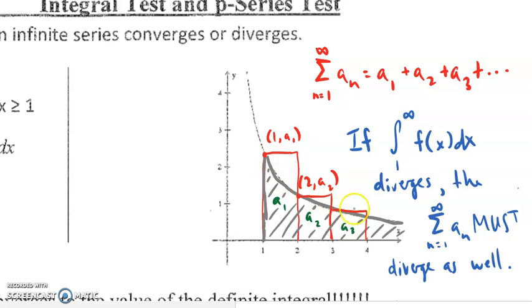So if we know that the smaller one converges, that does not mean that the bigger one has to converge. But we can get around that by doing an LRAM instead, and then realizing that some finite value plus one extra term is still going to be finite. So that's kind of the background behind this.